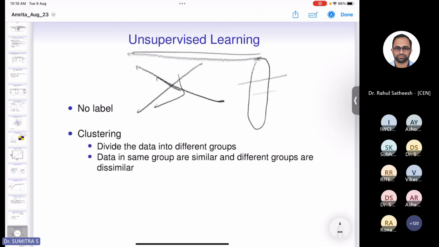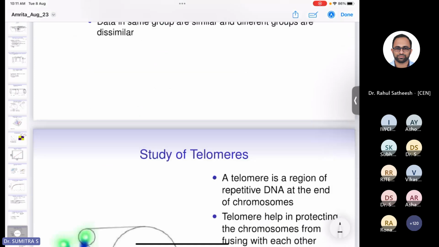So as maturity grows, in the same way the algorithm should be mature enough, or we have to make it mature enough, so that it can understand the underlying properties and divide the data into the groups we have asked for, just like a child dividing fruits into groups. That is unsupervised learning.